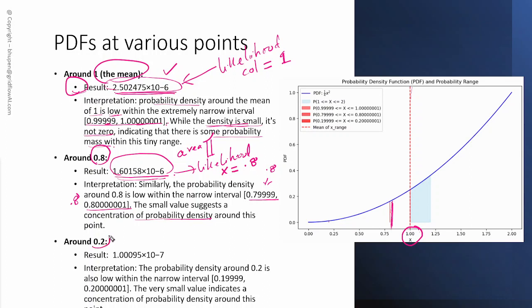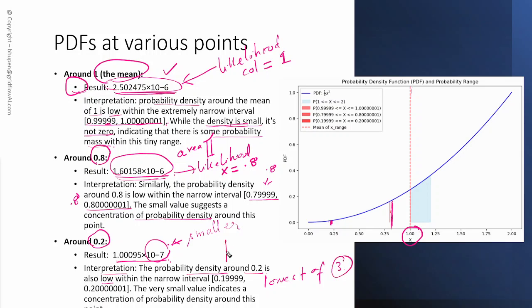Let's look at point 2 here. Point 2 is very close to this very small point here, point 2. And the probability density that I got is 1.0 times 10 to the power minus 7. And you can see here 10 to the power minus 7 is smaller than the previous two. So the interpretation is again the probability density around 0.2 is very low. In fact, this is the lowest of the three.